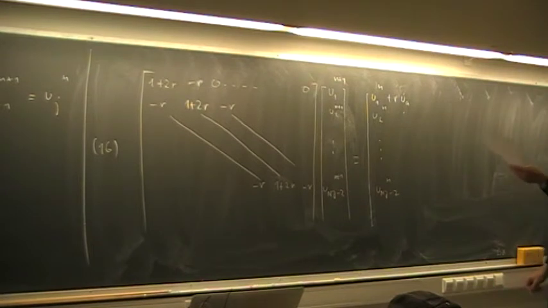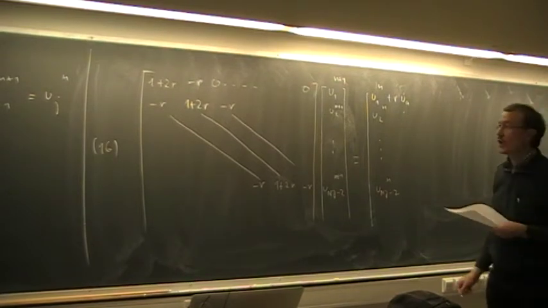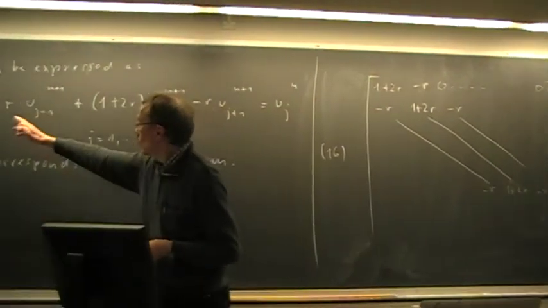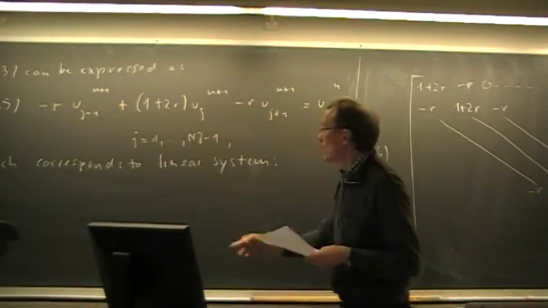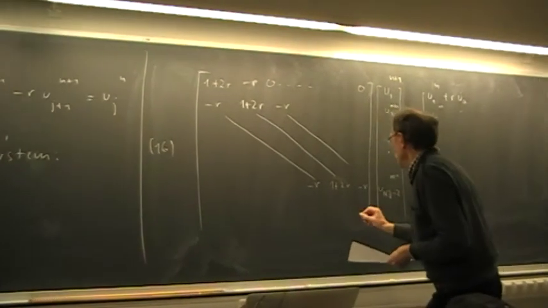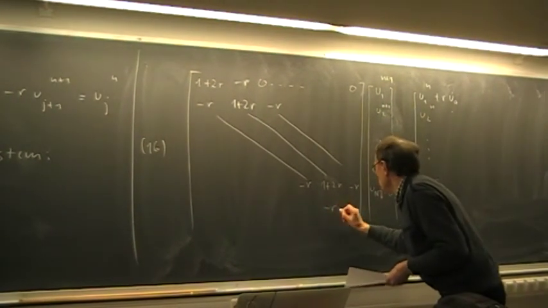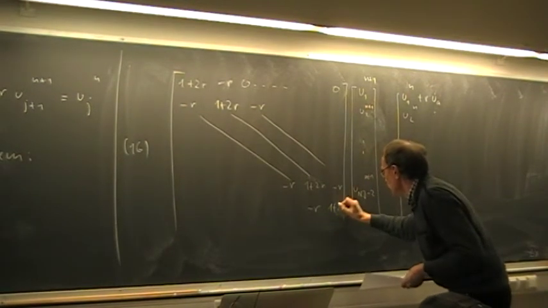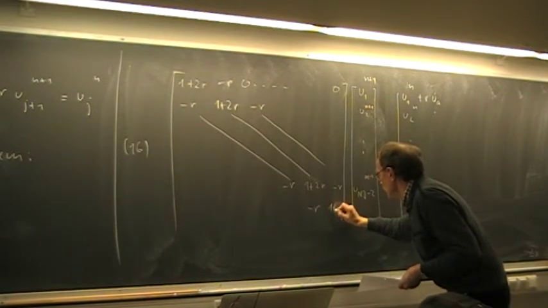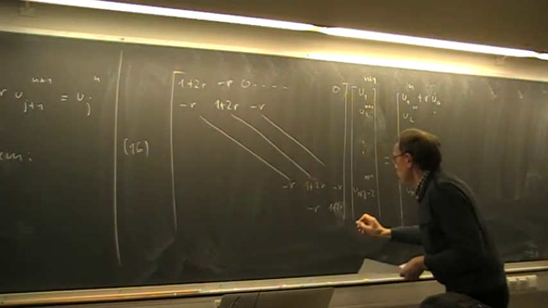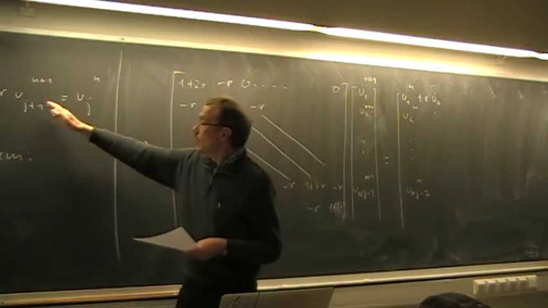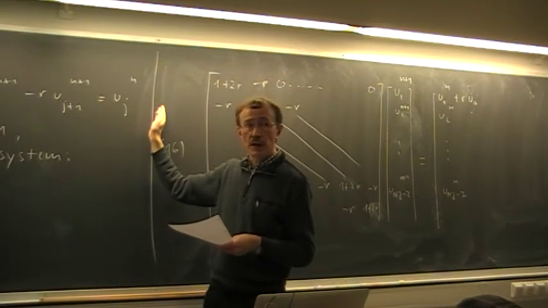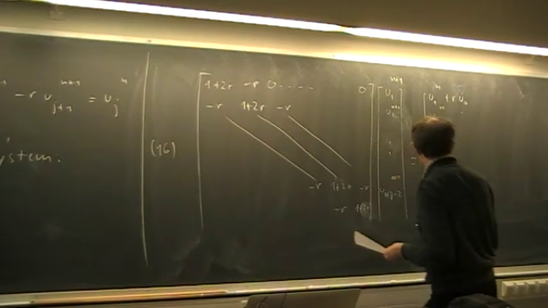And for the very last one, for nj minus 1, we will get minus r and 1 plus 2r as we had before, sitting in the diagonal. And this r we move over as plus r times u_nj, which is ub, the boundary condition.